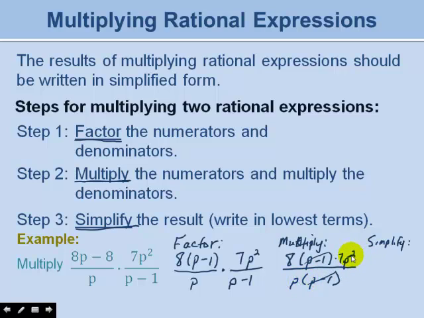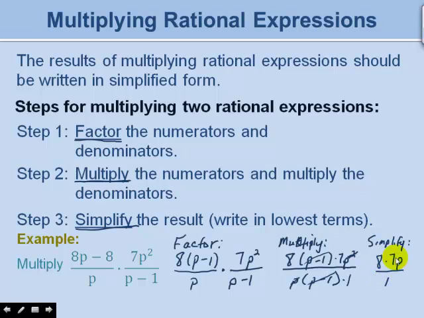So we can cancel out a p. And that will actually leave us in the denominator with no factors left. Remember, we do actually still have a 1 there. What we have left in the numerator is 8 times 7p. In the denominator, we just have 1.